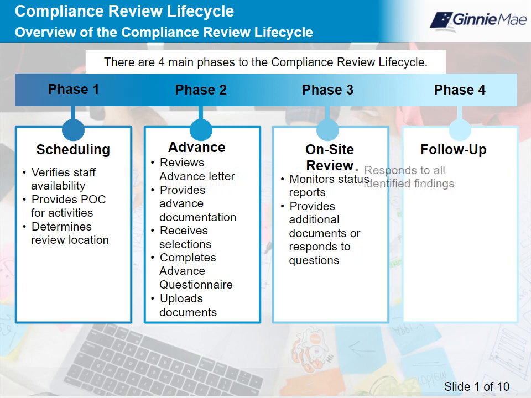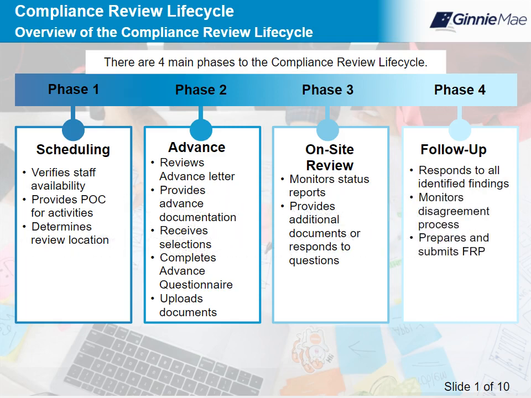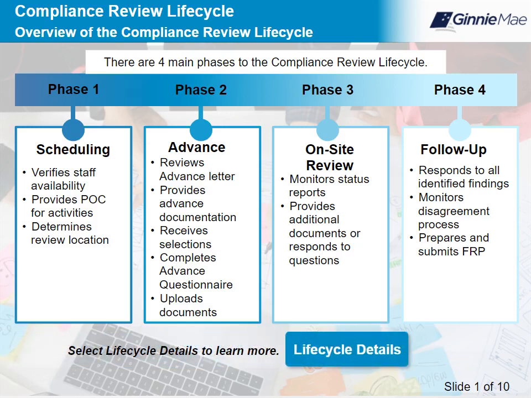The issuer responds immediately to all identified findings, monitors disagreement process, and prepares and submits Findings Resolution Plan, FRP, which includes the final report and final disposition communications. To take a closer look at each of these stages of the life cycle, select Life Cycle Details. Select Next to continue when you are finished.